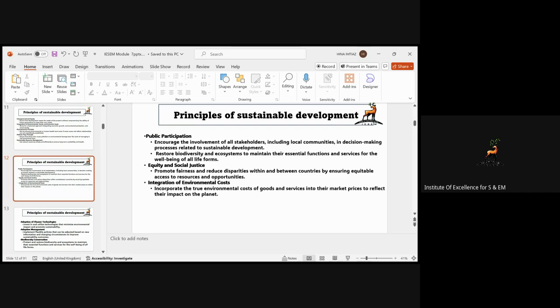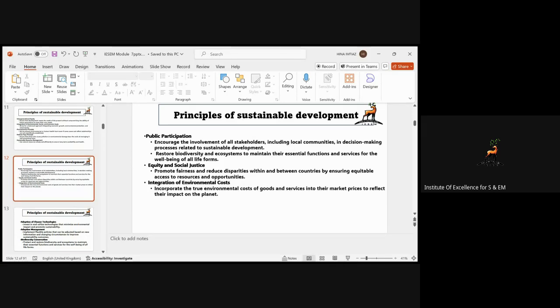So we have to ensure their participation and involvement in decision-making processes related to sustainable development. And we have to restore biodiversity and ecosystems to maintain their essential functions and services for the well-being of all life forms.